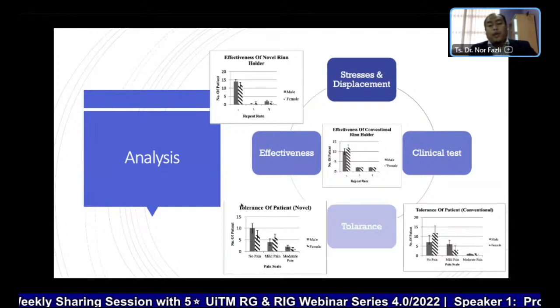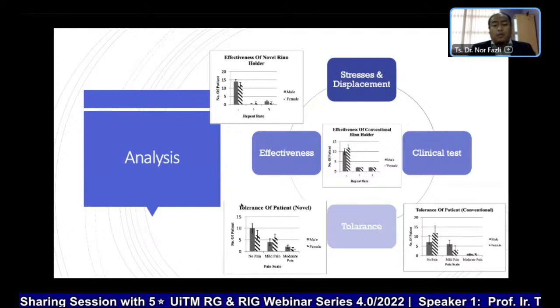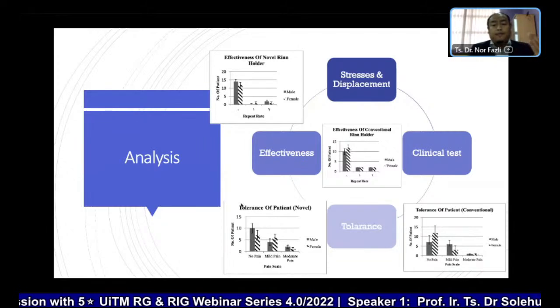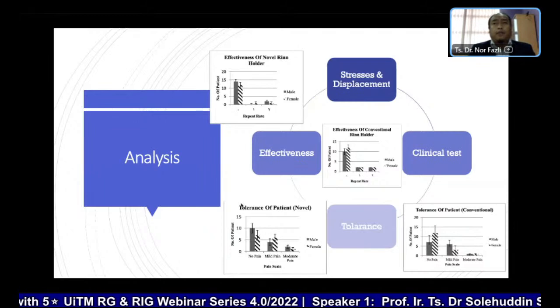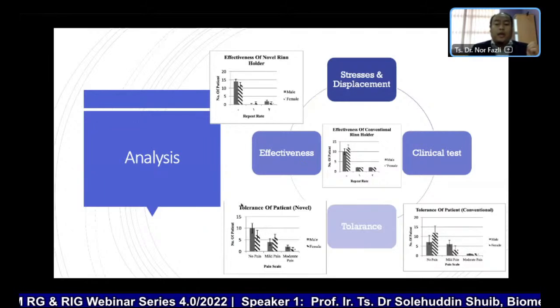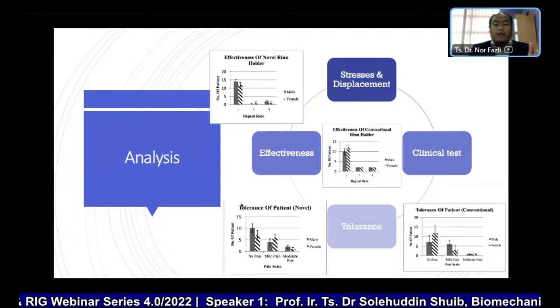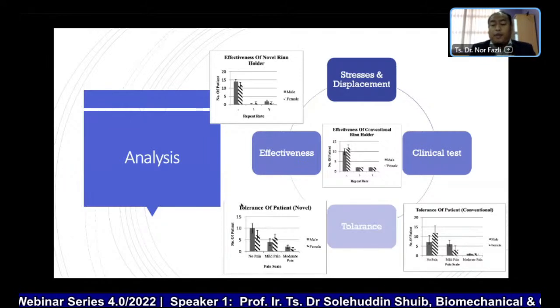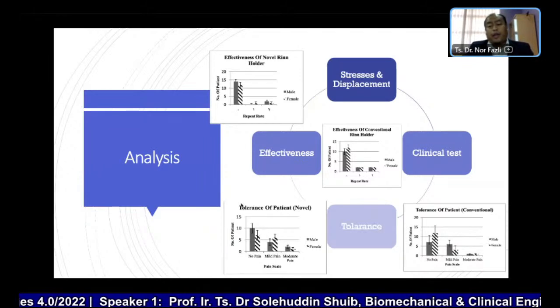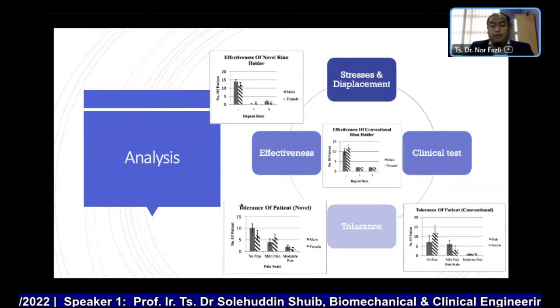In general, it shows only one process, and the tolerance also shows more patients having no pain instead of mild pain compared to the previous holder.